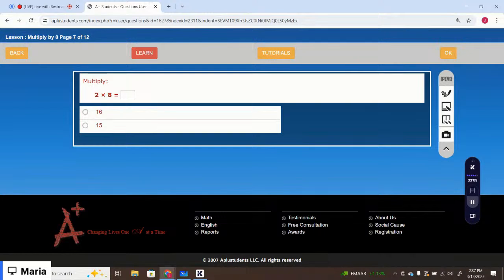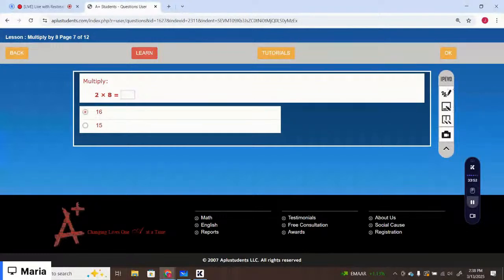2 times 8, which is the correct option? 8 times 2 is 16.